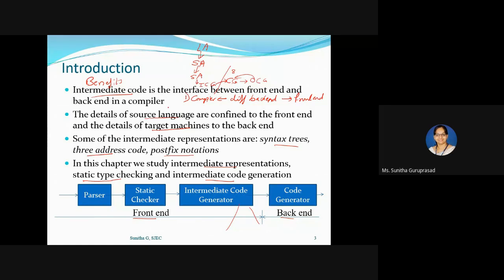The second benefit is that a compiler for different source languages on the same machine can be created by providing different front ends, one for each corresponding source language, to the existing backend. Here, you had different backends created for the same front end. Now you can create different front ends for only one backend.